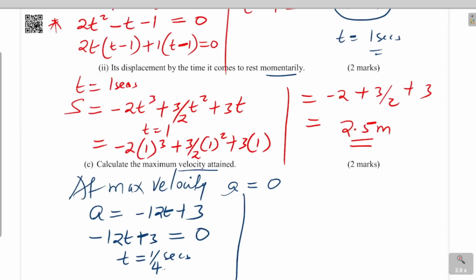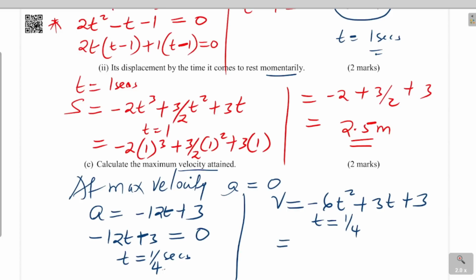Now to get the maximum velocity, you simply take the expression for velocity, which you already have. The expression for velocity was negative 6t squared plus 3t plus 3. With t equal to 1 over 4, that is the time it attains maximum velocity, you substitute.